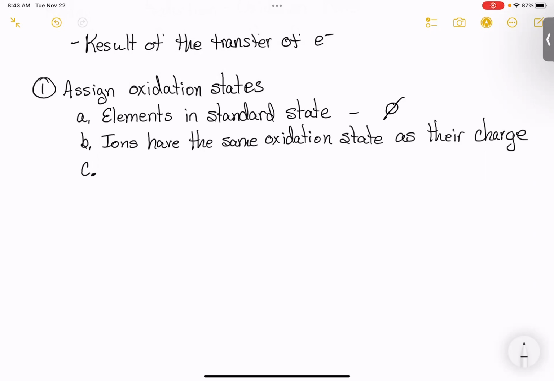Rule number 3. Hydrogen is a +1. There is an exception, and that is if the other element is a metal.